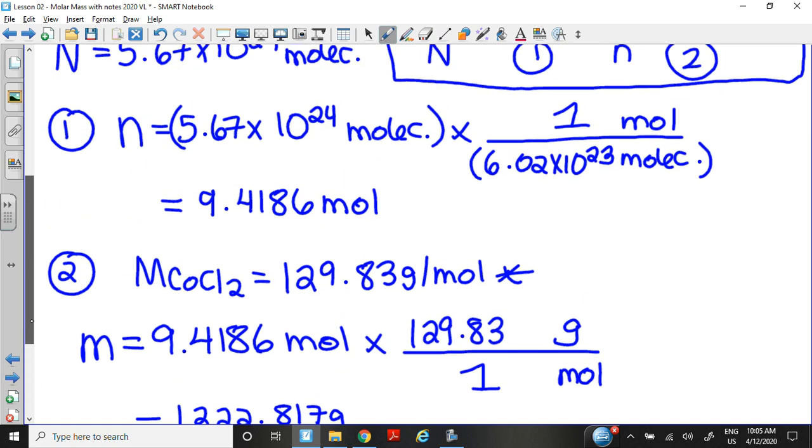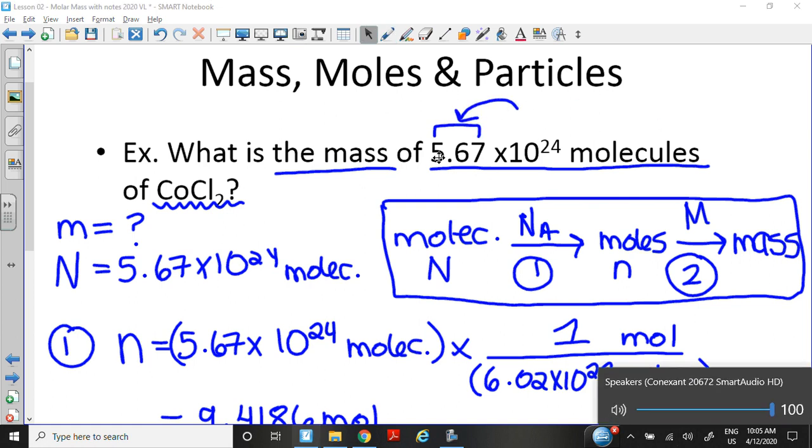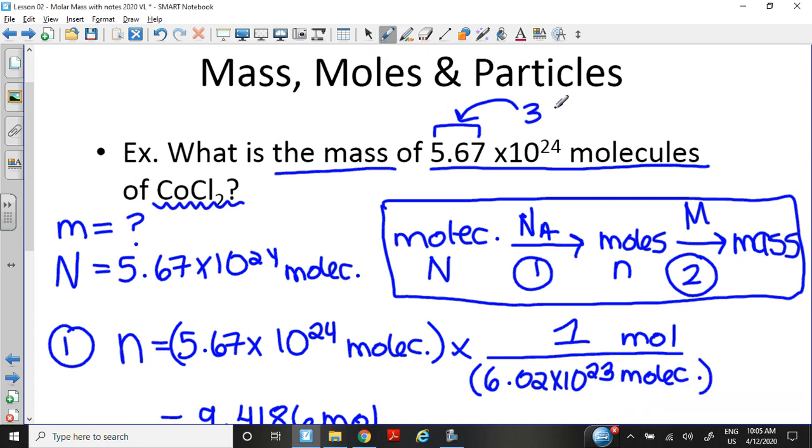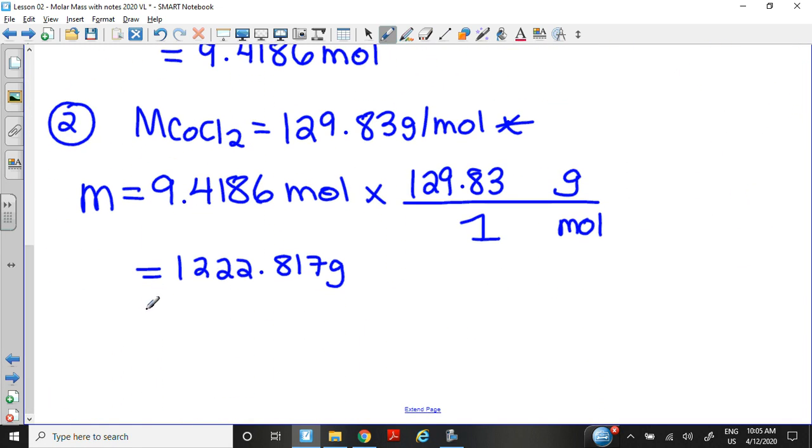So let's just take a walk back up here. Significant digits with something in scientific notation only come from those values there. So here we've got 1, 2, 3 values. So that means 3 significant digits. So we're going to scroll back down. And our answer here, we're going to round to significant digits.